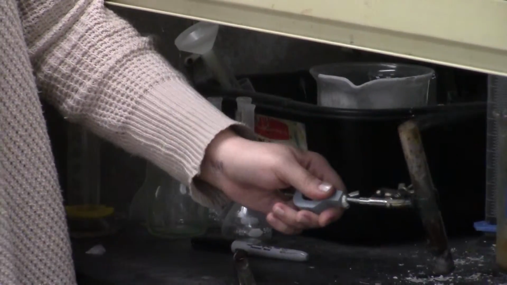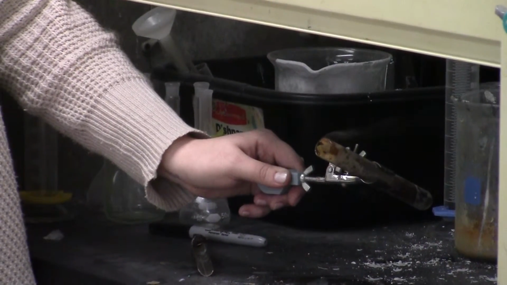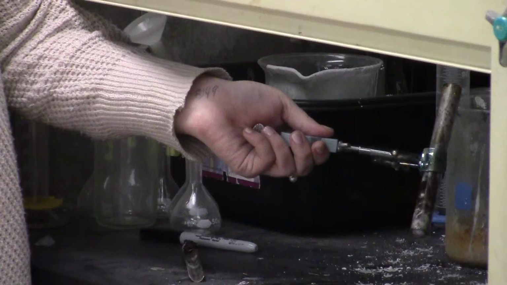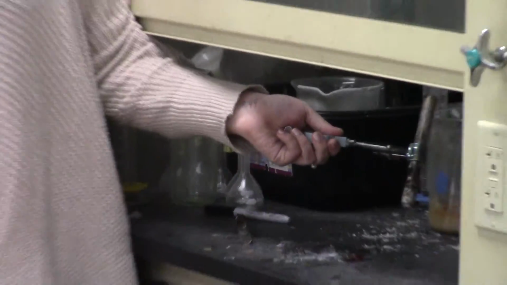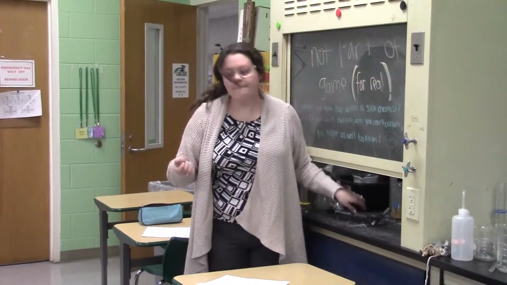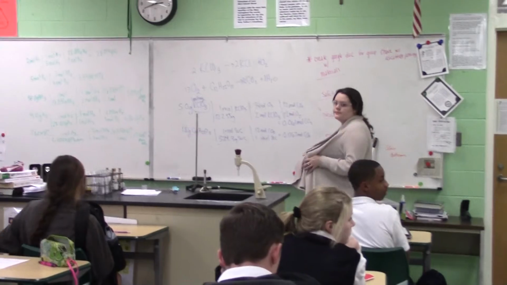Right, and so I can see if I look in it that there's gummy bear left over. So my limiting reactant was the potassium chlorate, not the gummy bear. Gummy bear was the excess because there's leftovers. All right, any questions?